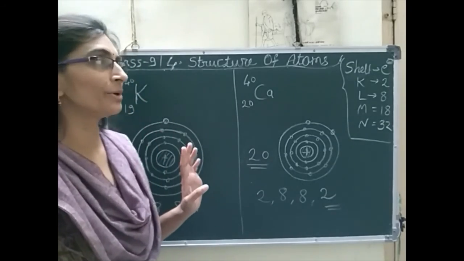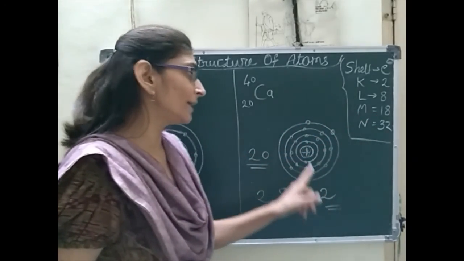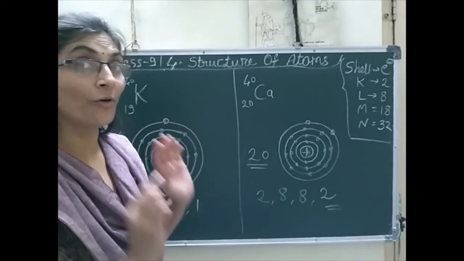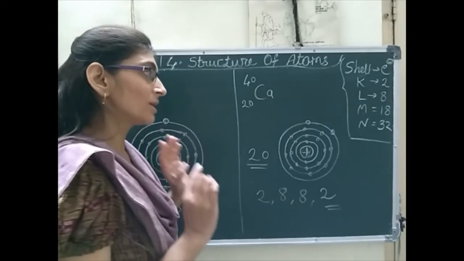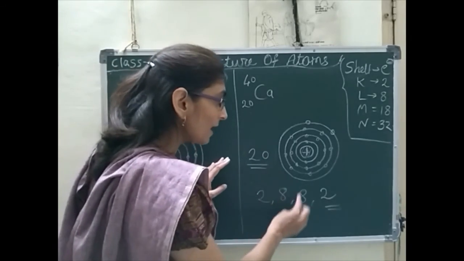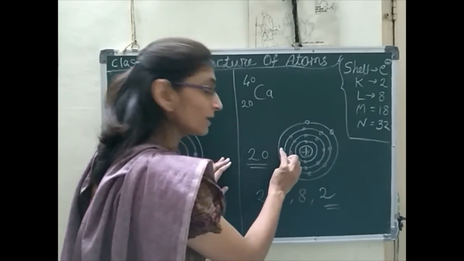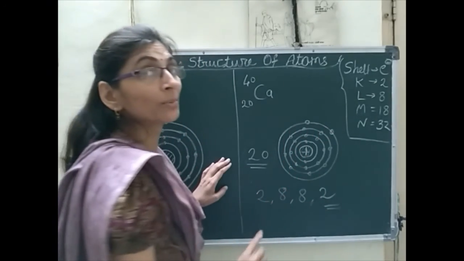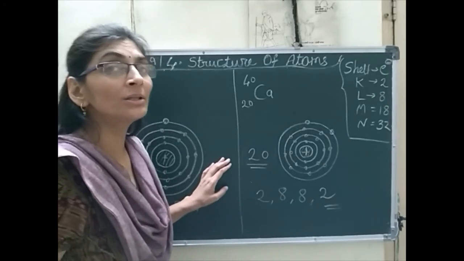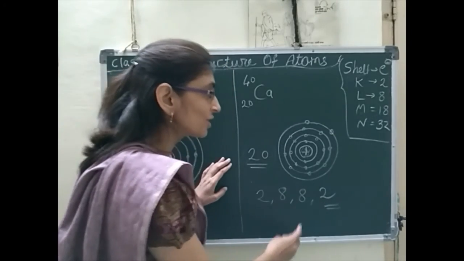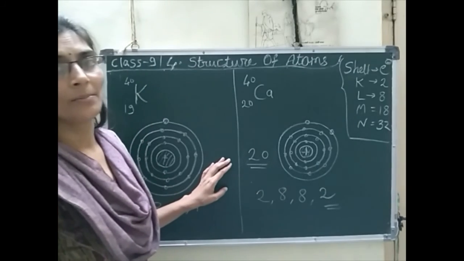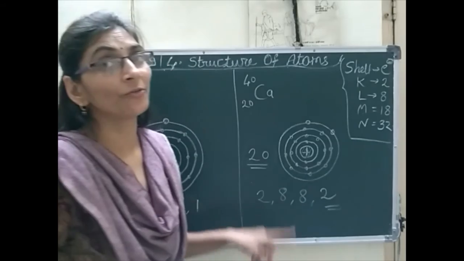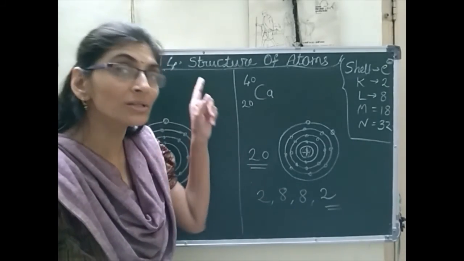Instead of putting all 10 electrons in the M shell, what do we have to do for the stable configuration? Out of 10, 8 electrons will be in the third shell, and the rest of 2 electrons will be promoted into the fourth shell. Yes, in the fourth shell, the 2 electrons will go.